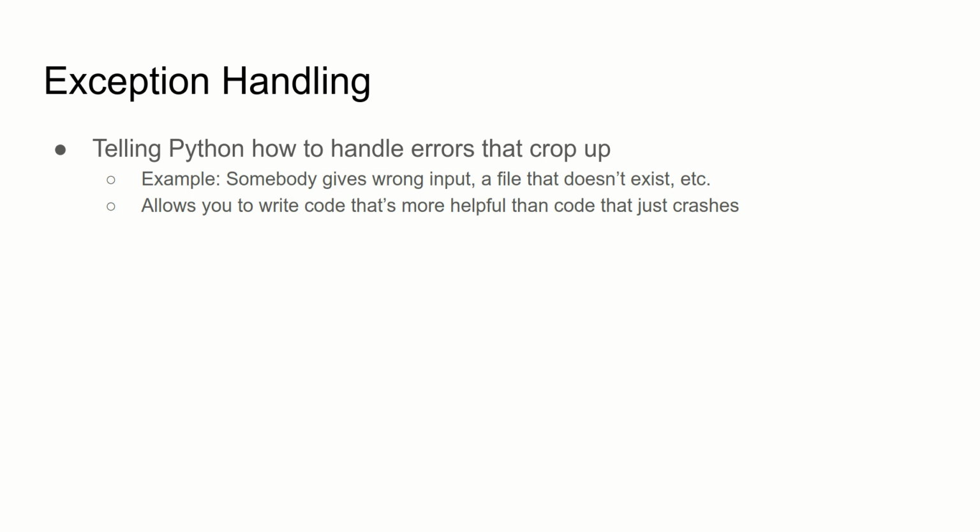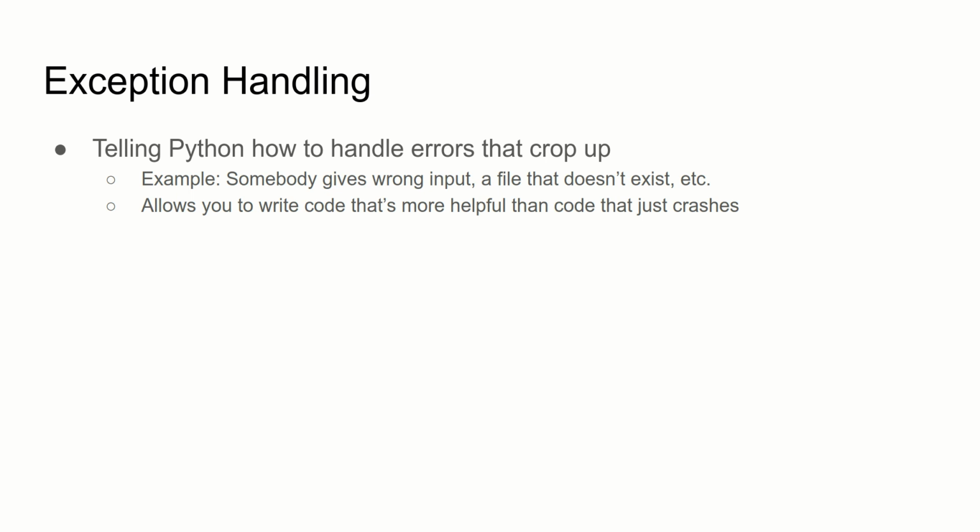Now, there are technically ways to check whether a file exists, so we could do that, but there's nothing stopping the operating system from deleting the file the moment after we checked that it does exist. In some operating systems, it may not even stop deleting the file if we are in the middle of reading it.